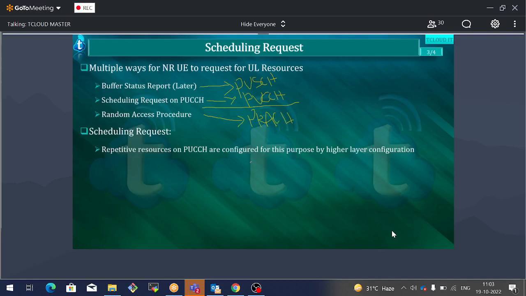Now, if I tell you the answer, I am guaranteed that you won't forget it. Now, this is the answer. These two channels, PUSCH and PUCCH, are allocation-based channels.